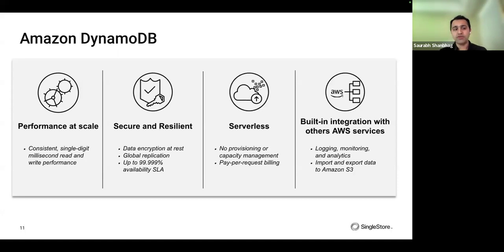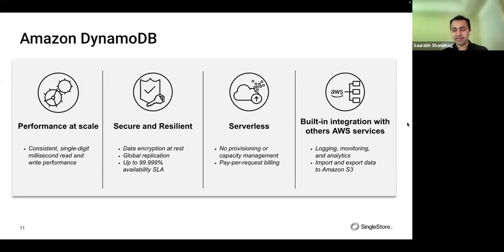So for customers who have a key-value requirement where the whole record can be retrieved by providing a key, it's a very good use case for Amazon DynamoDB. Amazon DynamoDB is able to get consistent single-millisecond read performance as well as write performance. But apart from that, you also get a highly secure and resilient solution.